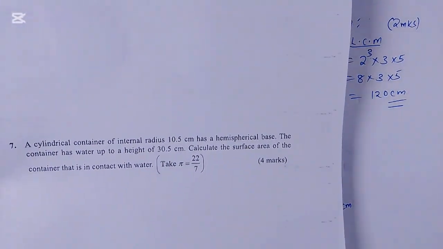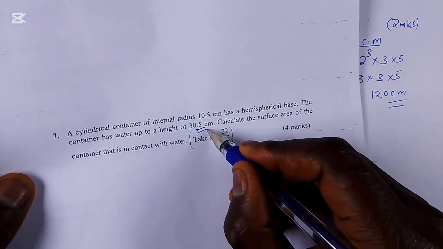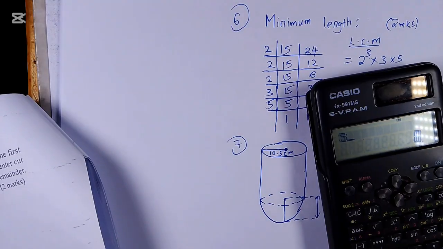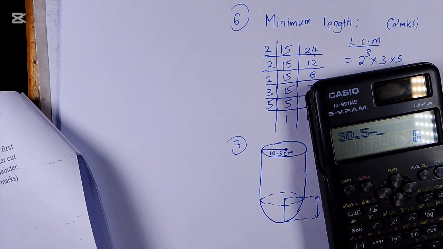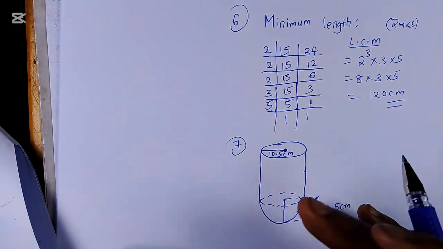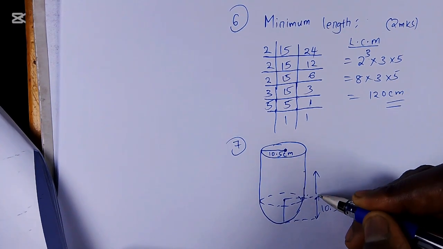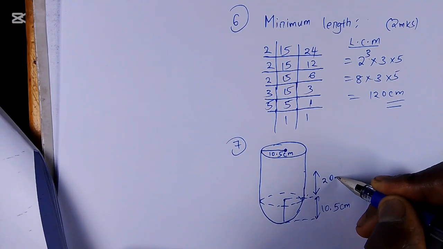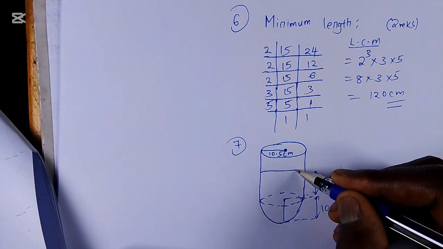Therefore, if the total height of the water is up to 30.5 centimeters, that means we should take 30.5, we subtract 10.5 as the radius of the hemispherical part, and we will get 20. The rest of the height is from this point to maybe that area, which is the 20 centimeters. So the water reaches to maybe this height.